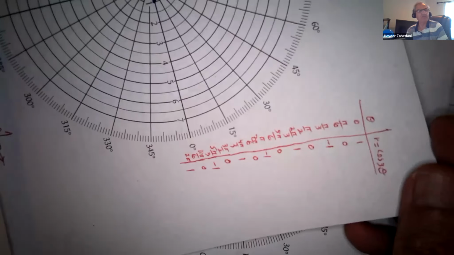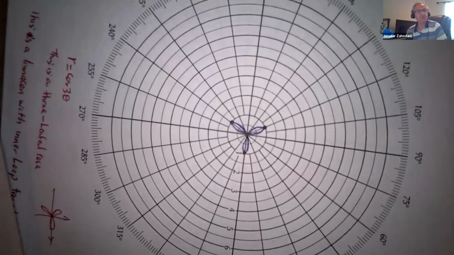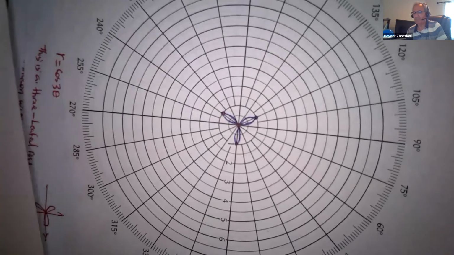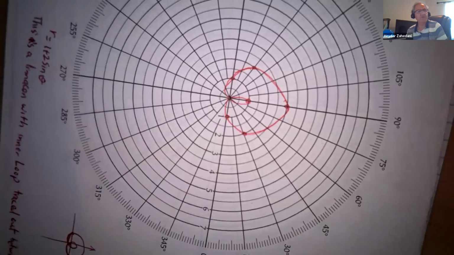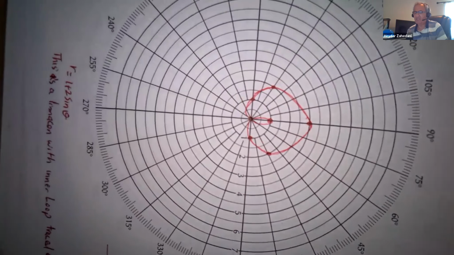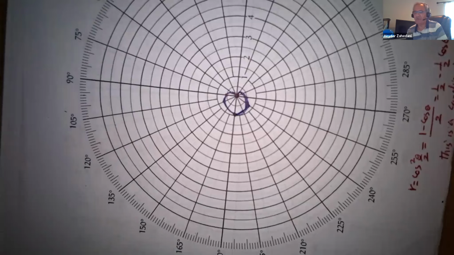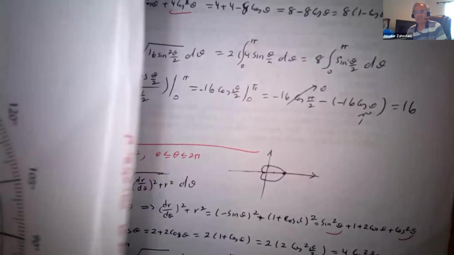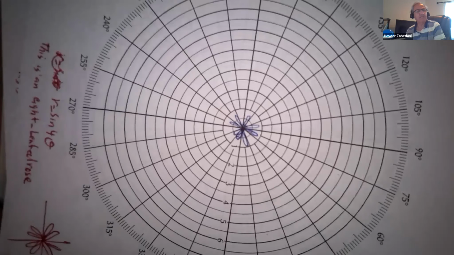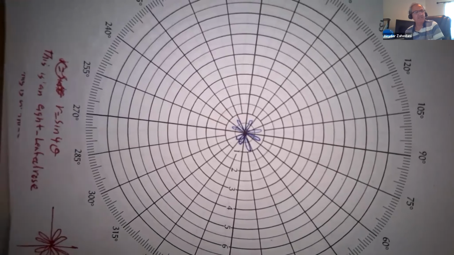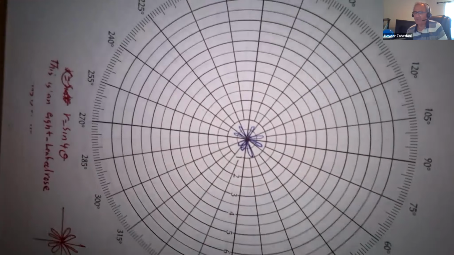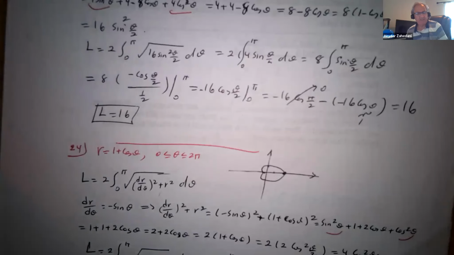You just need a table to do it. You can use your calculator to estimate it, and then graph it. Just get practice. It's going to be only one of them, something like the cardioid or those petals, roses. Just one of them will be given to you, not a big deal.